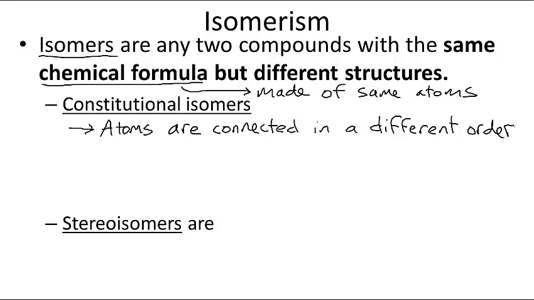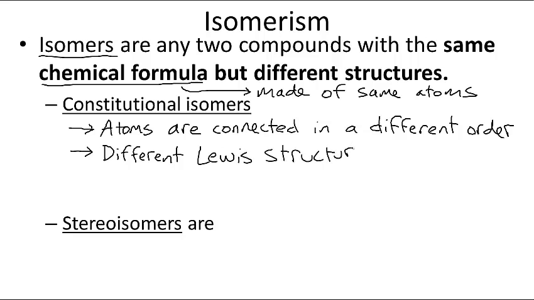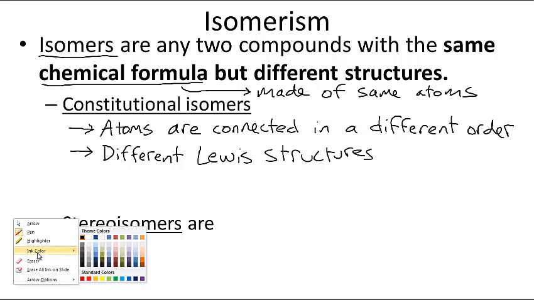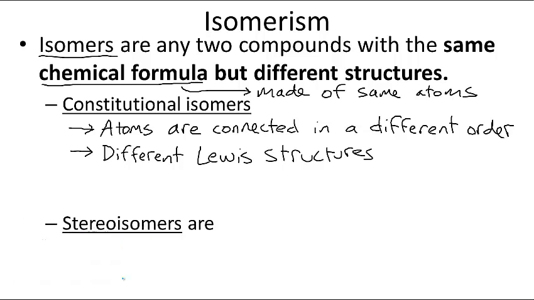So they would have different Lewis structures. These are also sometimes called structural isomers.